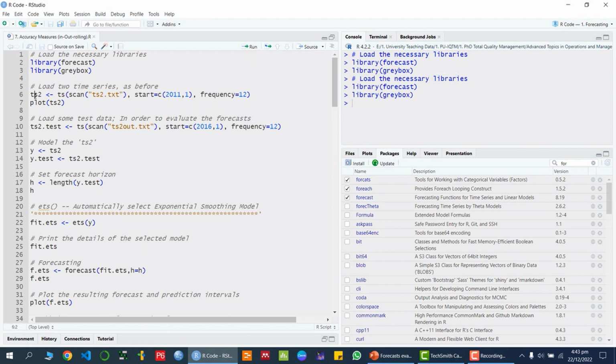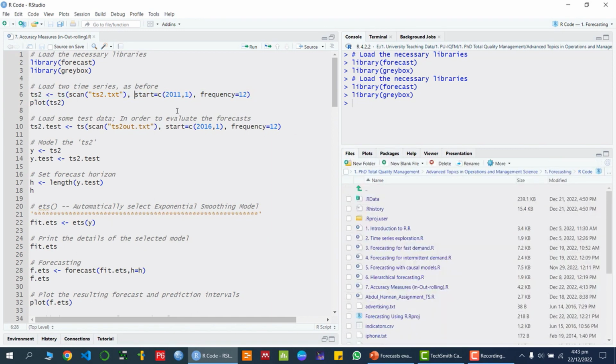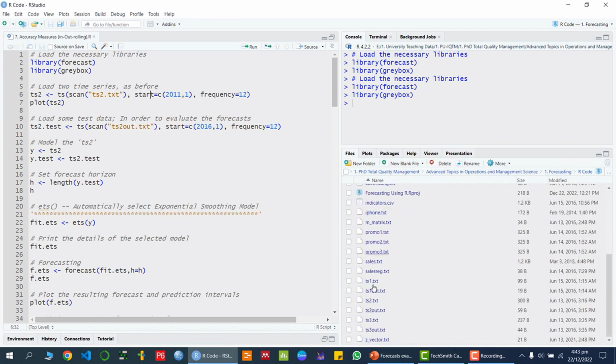Now, with the help of this command, I am going to read the time series data. This data set is available in the same folder where I have developed this project, that is TS2. I am saying read this data file, which means scan, the function which is going to read this ts2.txt file.